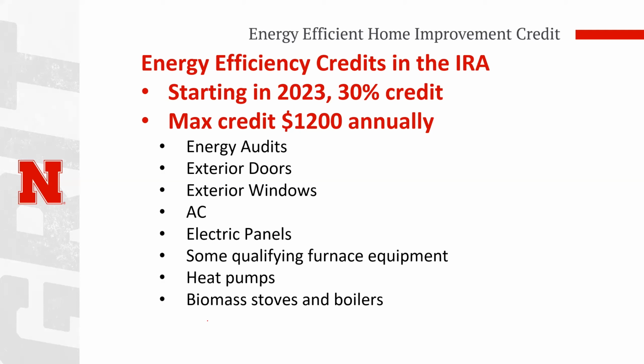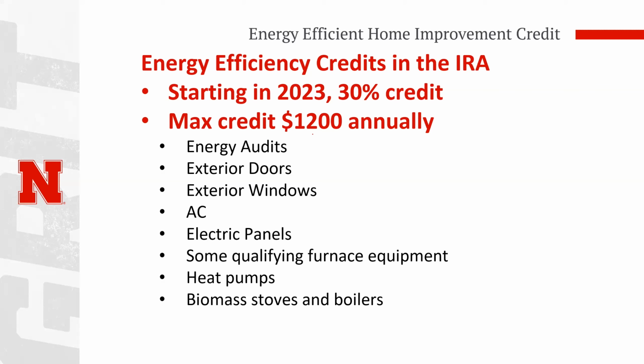The last thing I want to point out, this doesn't have anything to do with solar, but I think it could be interesting for those of you listening to this web seminar, is that the Inflation Reduction Act put in some tax credits for energy efficiency home improvements, like energy audits, exterior doors, exterior windows, air conditioning improvements, electric panel upgrades, qualified furnace equipment, heat pumps, etc. Now, it is a maximum of $1,200 a year.